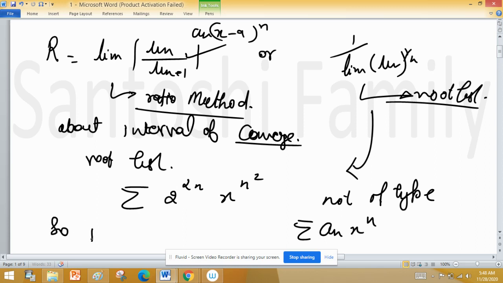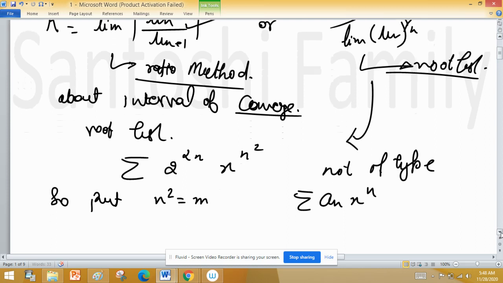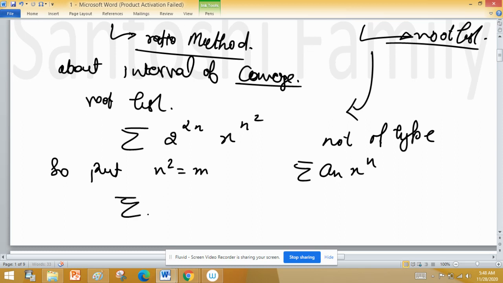So put n square equal to m, and then this series can be written as summation 2 raised to the power 2 root m x raised to the power m. Now this is much more similar to that form.